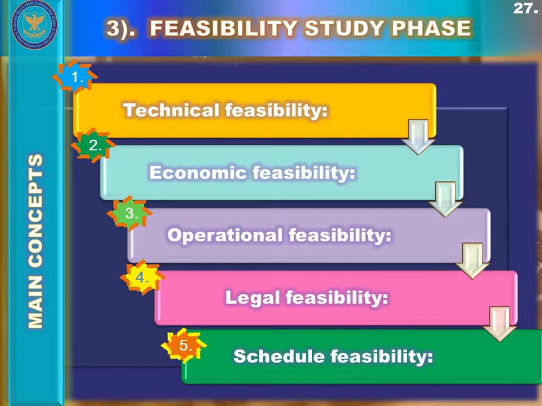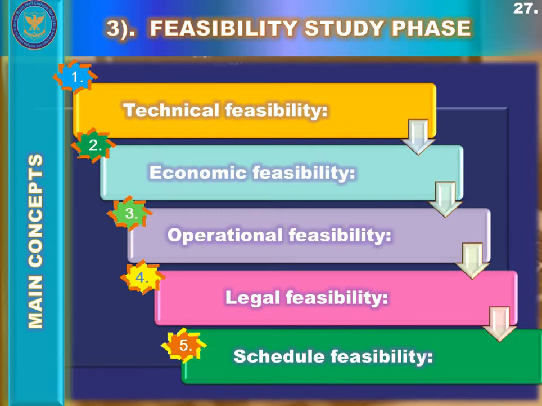So the technical feasibility also involves the evaluation of the hardware or software and other technical requirements of the proposed system. It means in technical feasibility, the system analyst evaluates the existing hardware capacity and software tools owned by the software development team.